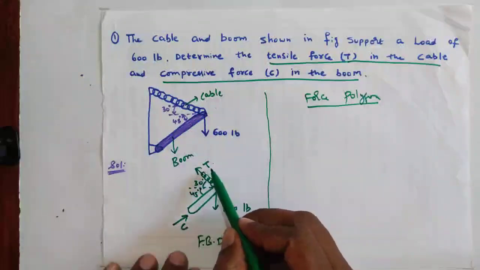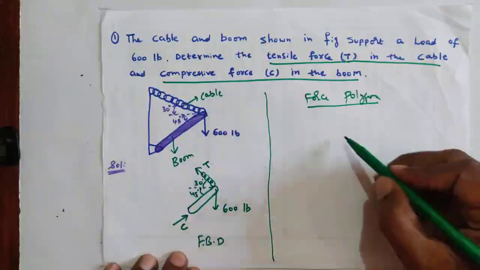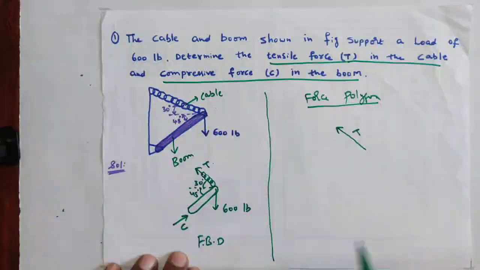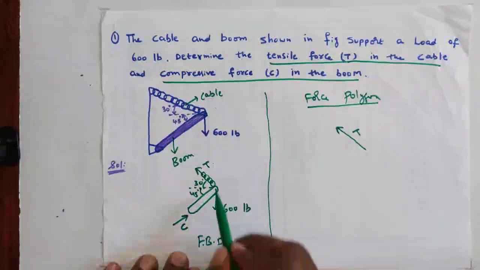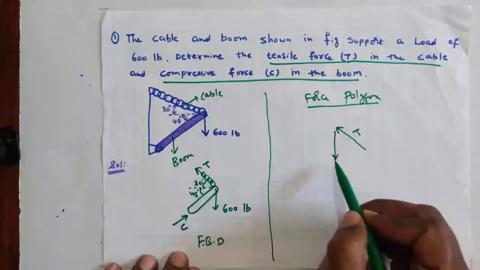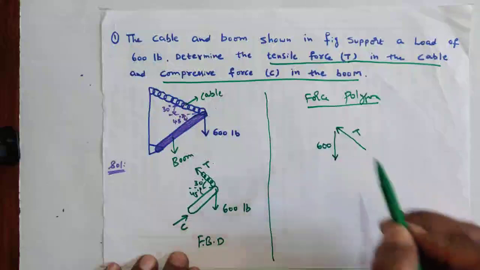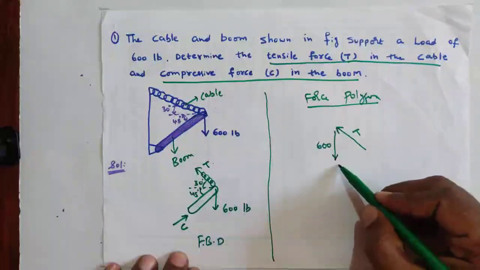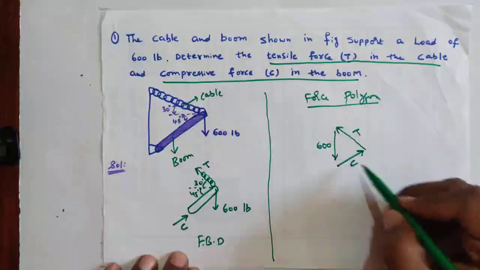First force, the tensile force in the cable, I am drawing like this. This is tensile force T, and the second force, 600 pounds, is the vertical force, so I am drawing that vertical force here. This is 600 lb, and another force C, the compressive force in the boom, I am drawing here. This is C.